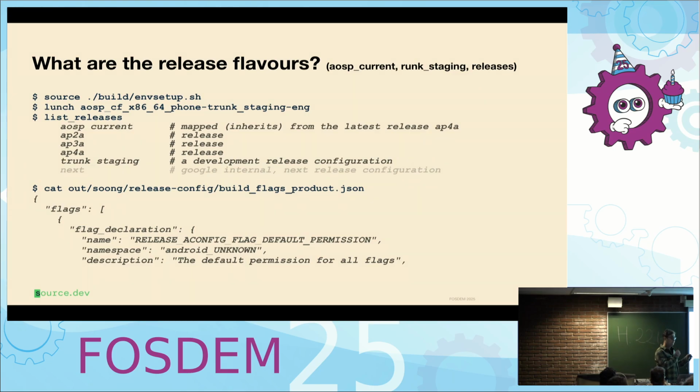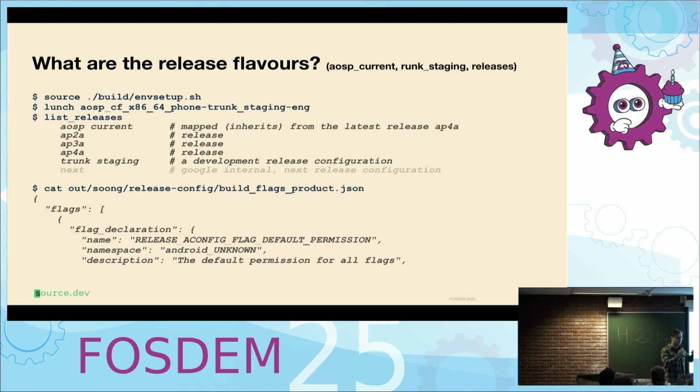So there are a few release flavors. And if you look here, I basically start the cuttlefish target, and then I invoke this command, list releases, which would basically give me the releases that are available for that target. aosp current, that's basically mapped to the latest release, which in this case is AP4A.